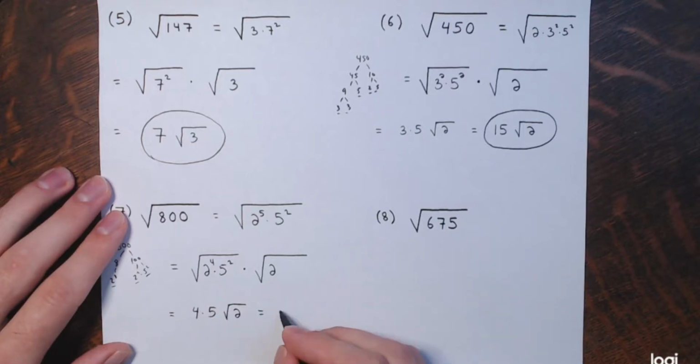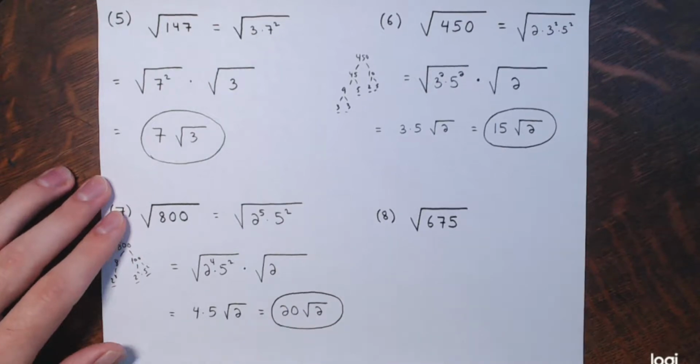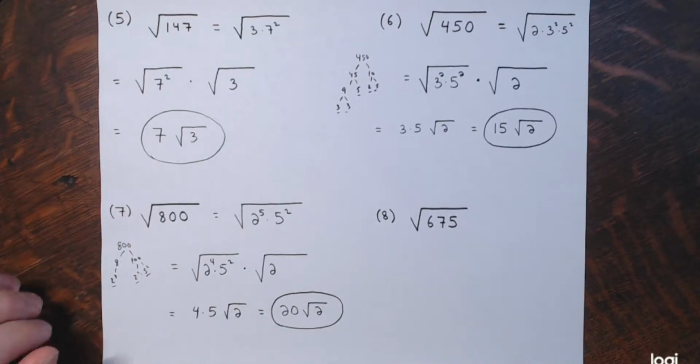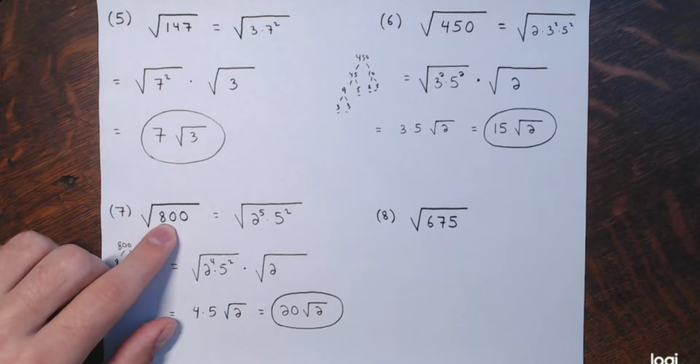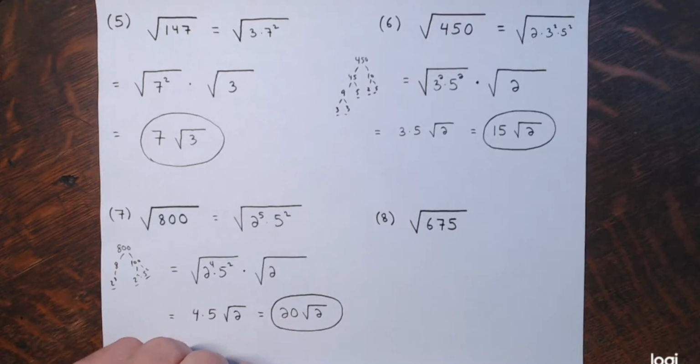So this is 20 times the square root of 2. And there you go. Once again, use a calculator if you want to check it. Take the square root of 800, punch that in, then punch in 20 times the square root of 2, and you should get the same value.